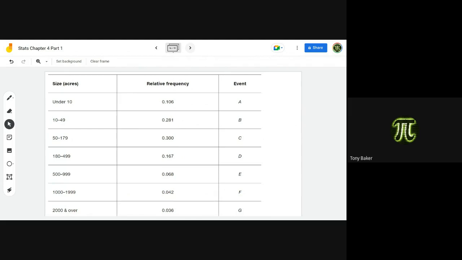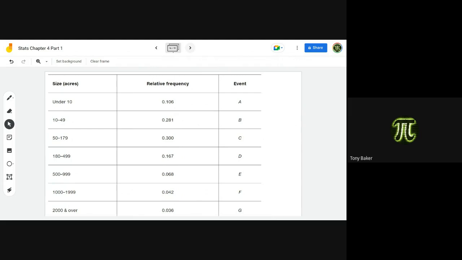All right. Are these events mutually exclusive? Is there any overlap between these events? No, you can't have 180 acres and 40 acres. Okay. So these are mutually exclusive events.